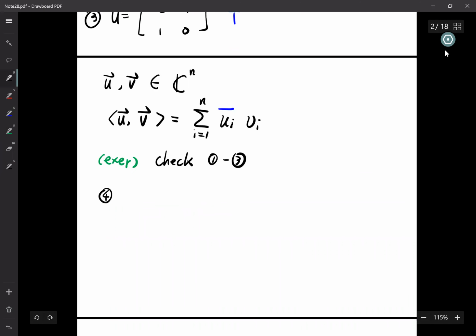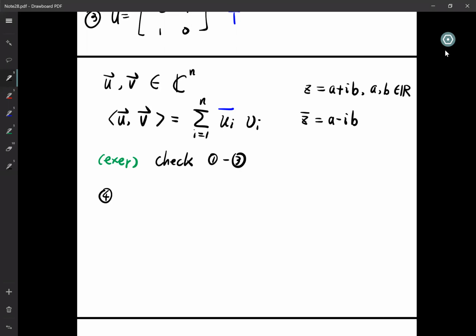Sorry, could you just quickly go over what the bar means? Yeah. Bar means if I have a number z equal to a plus ib, where a, b are real numbers, then z bar is a minus ib, called the complex conjugate.